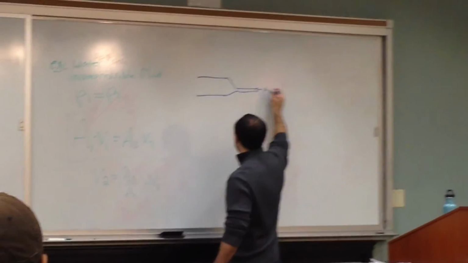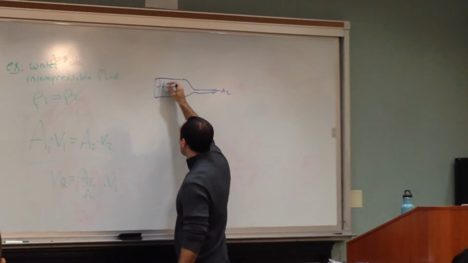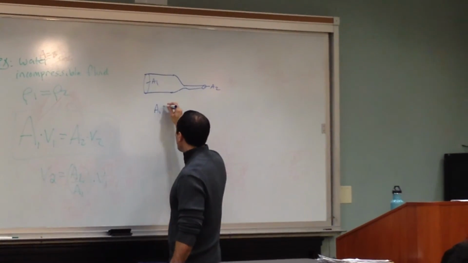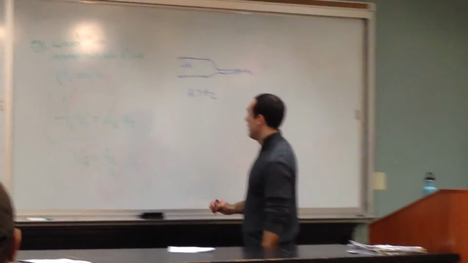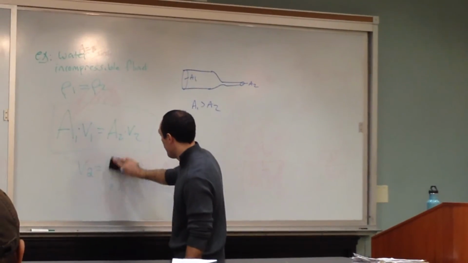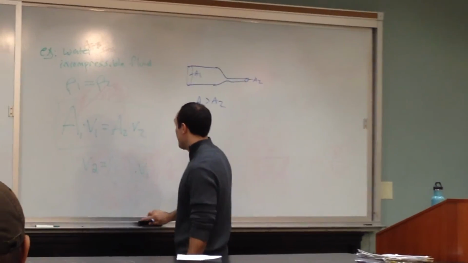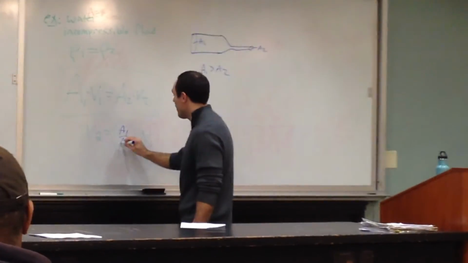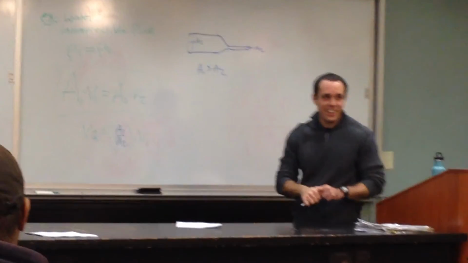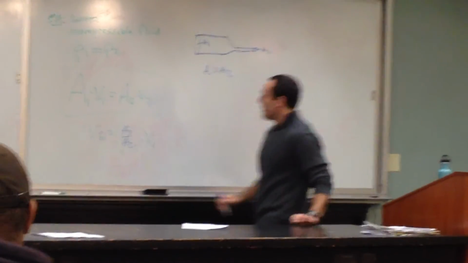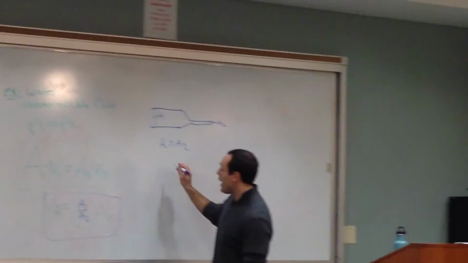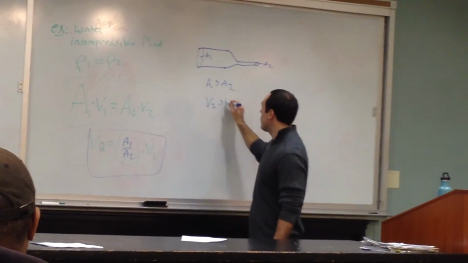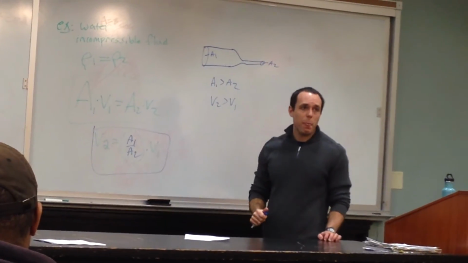Say this was area A2 and this was area A1. Something's wrong. Sorry about that. Yeah, V2 is equal to A1 divided by A2 times V1. That makes more sense. If A1 is greater, that means V2 is greater than V1.